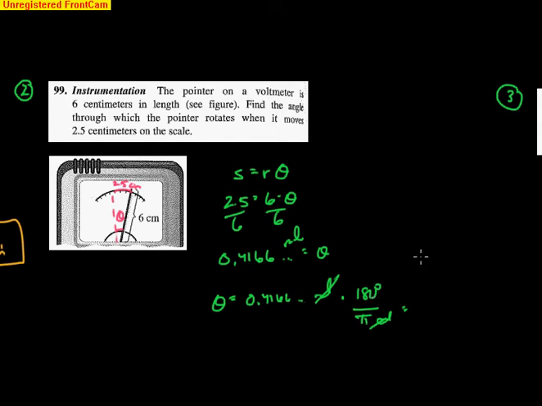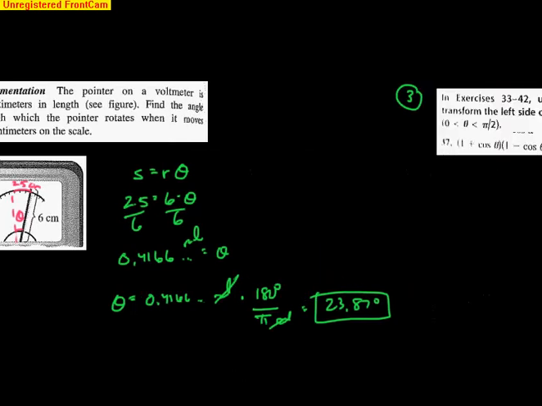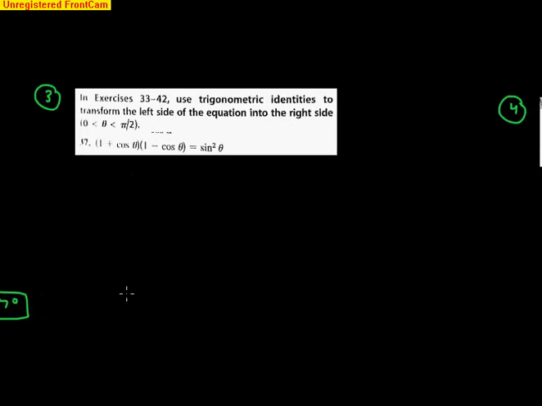And this will give me the degrees. And the degrees I get, 23.87 degrees. So again, that's roughly the angle that the voltmeter moves as it moves 2.5 centimeters along the arc length.